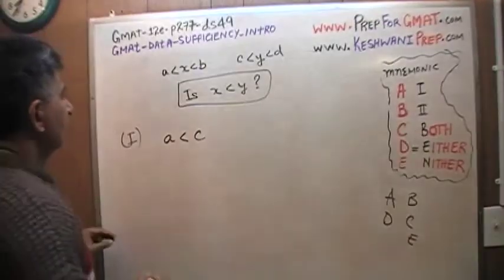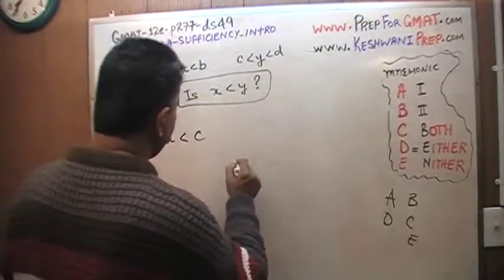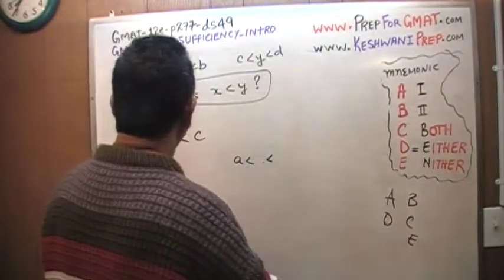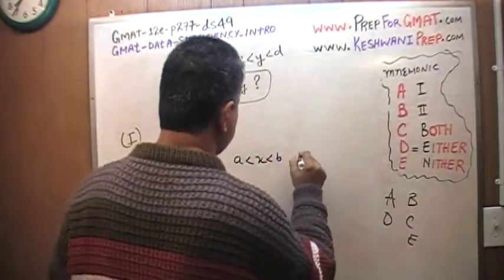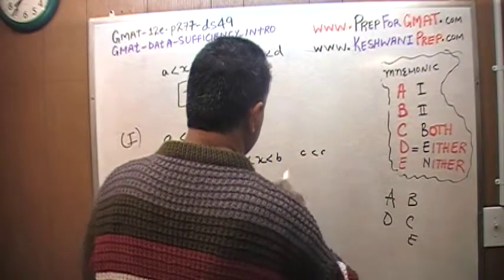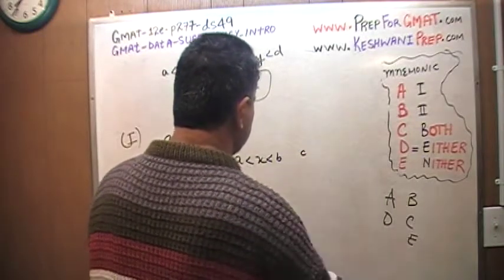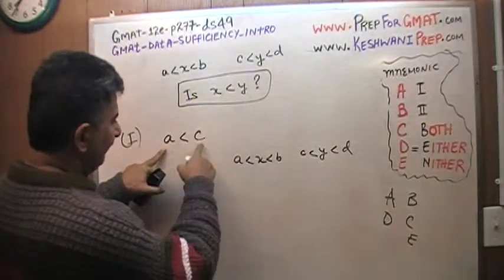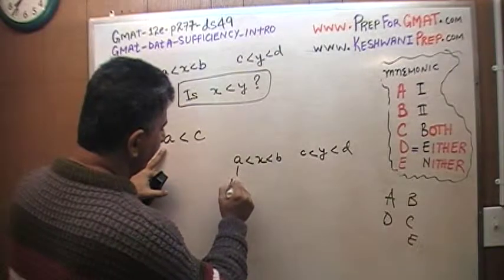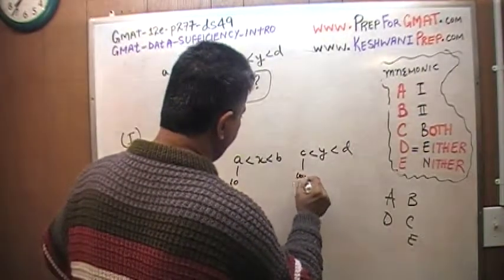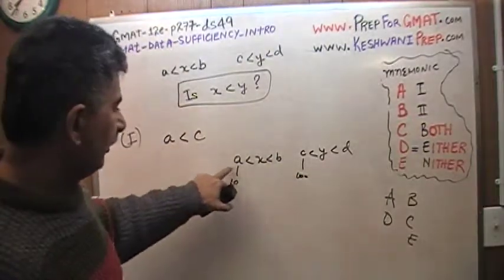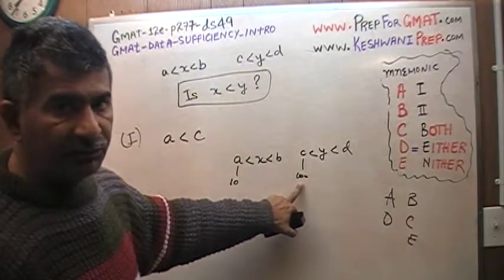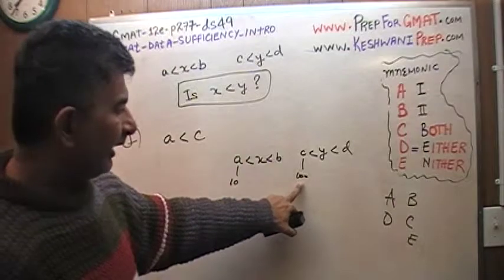For example, the lower limit on x is less than c. Say for example, this is 10 and this is 100. So here, as you can see, the lower limit on x, 10, is less than the lower limit on y, which is 100, which means y has to be something more than 100.